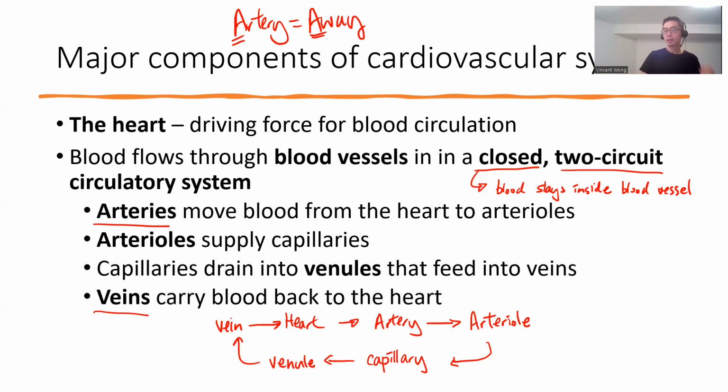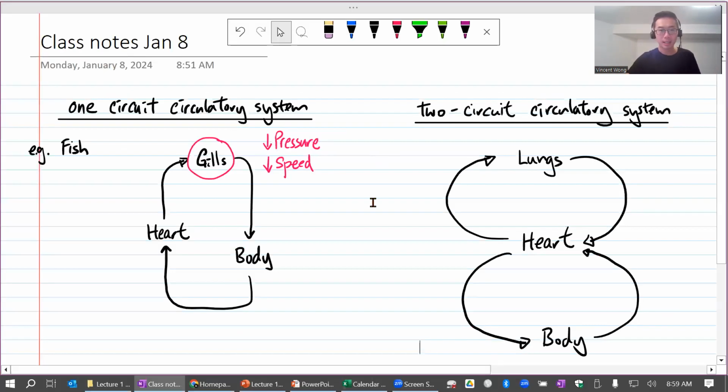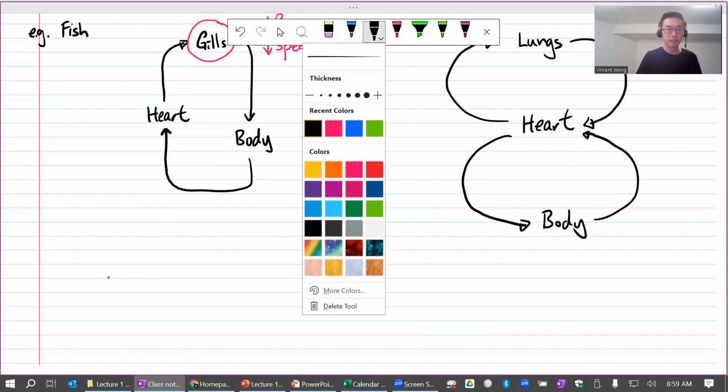Can you just move the bottom bit up a little bit? I can't see it. Oh, unfortunately, I cannot move stuff on the PowerPoint, but I guess I can write it here again. Okay.